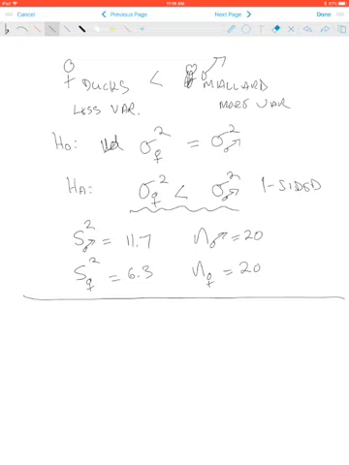Whatever is specified as being bigger goes in the numerator. The alternative hypothesis indicates an expectation that males are more variable, so males go in the numerator. Our F-calc is going to be the variance of males, because that's what is thought to be greater based on the experimenter's alternative hypothesis, and the variance of females is in the denominator.